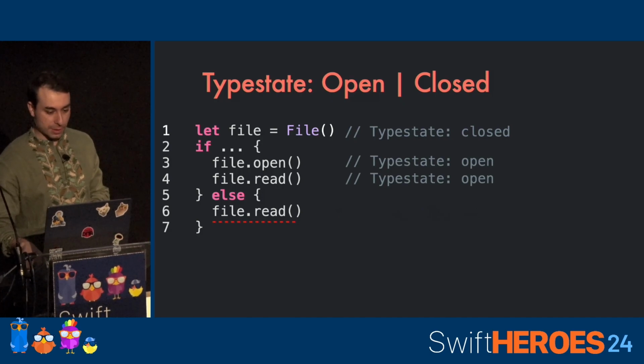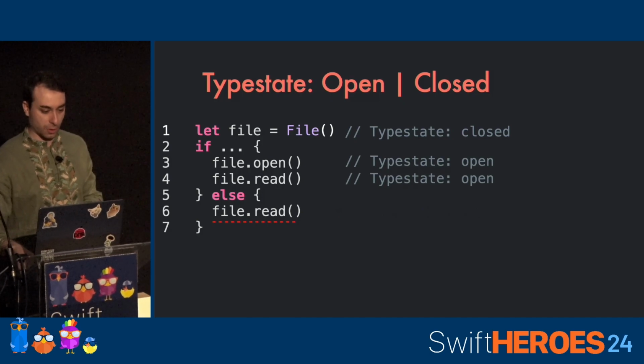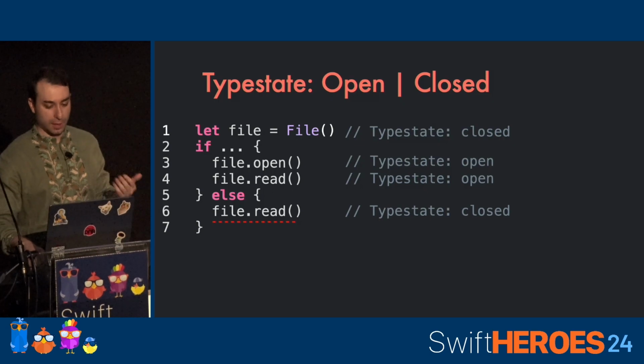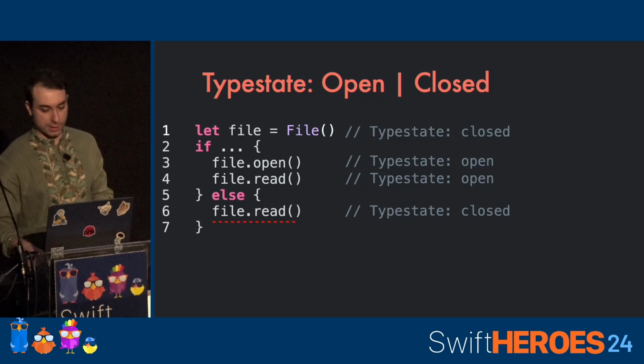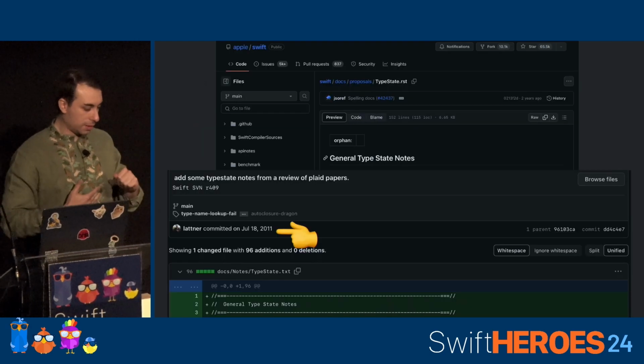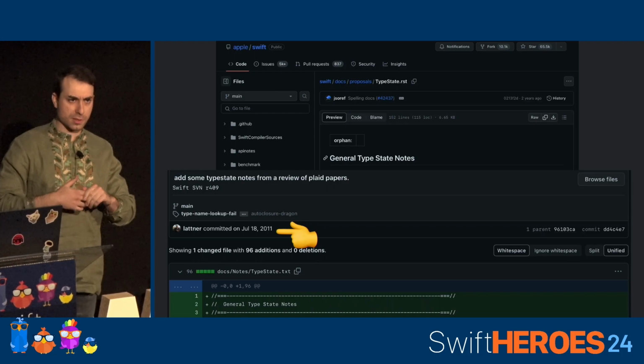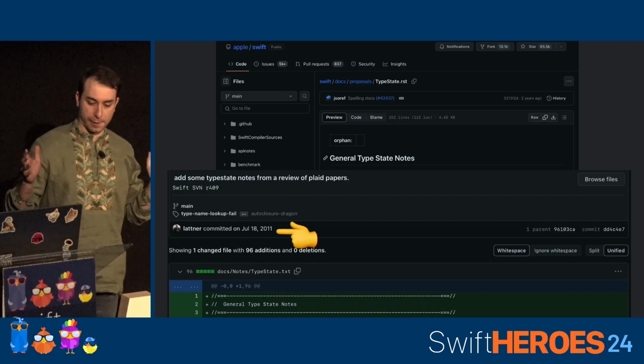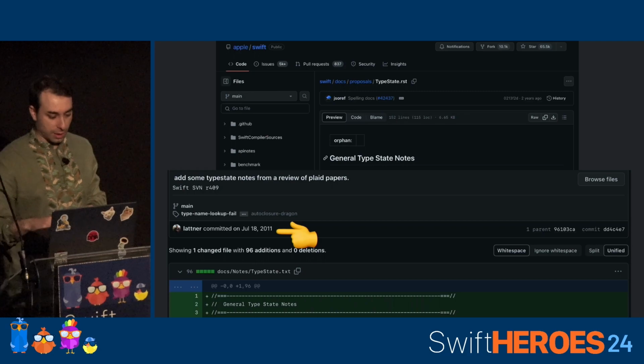And the type analysis would go like this. On the first line it's closed, then it's open, hence we can call read. On line 6 it's closed, hence we can't. So the idea is clear now. How to achieve this, we'll see. Now, type state isn't some new weird idea.